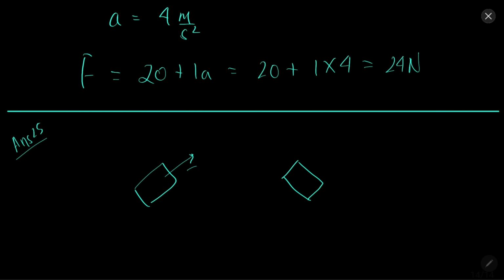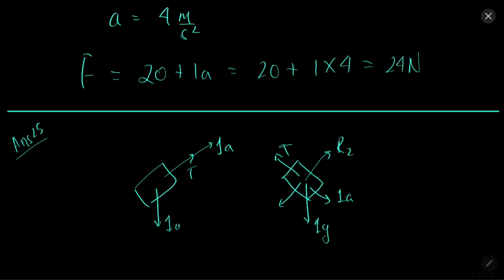Tension, 1a acceleration, here again tension and 1a acceleration, normal force R2, like this, then this is weight mg, that is 1g, here weight 1g. Now this is R1, this is moving down with acceleration a and this is moving up with acceleration a.